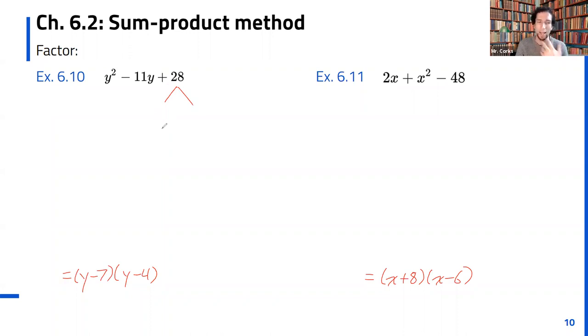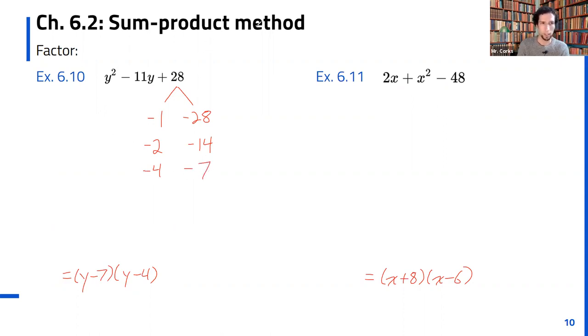We don't really need to write the negative signs, but we'll put them in. So 1 and 28, don't forget that one, because that could be one of the solutions. So -1, -28 would be the first one. And then -2 and -14. And do we have any other factors? -4 and -7.